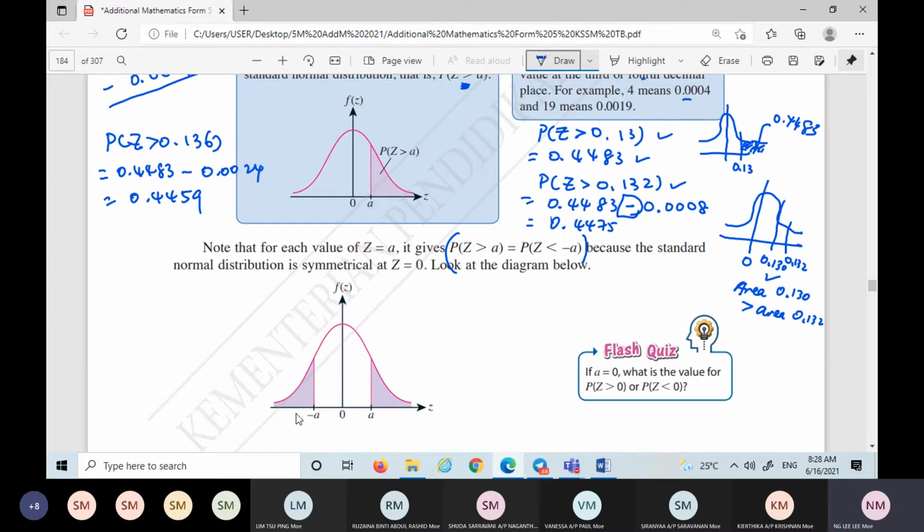When the question asks for this area, you cannot get the value inside the table. You have to convert it into this, let this be equal to this, and only then will you read from the table. So I want you to copy this down.